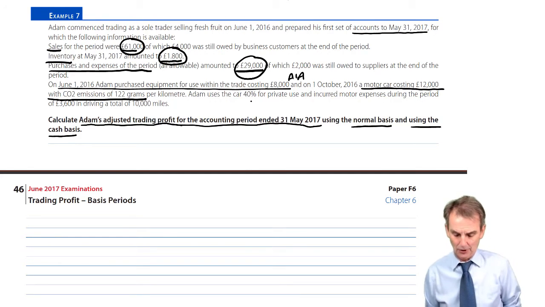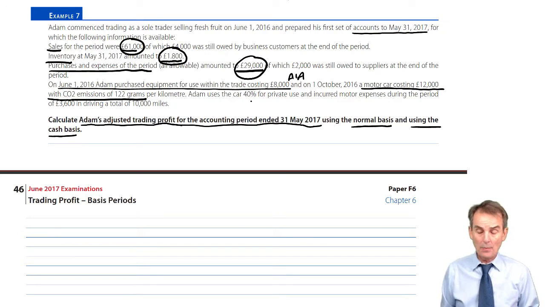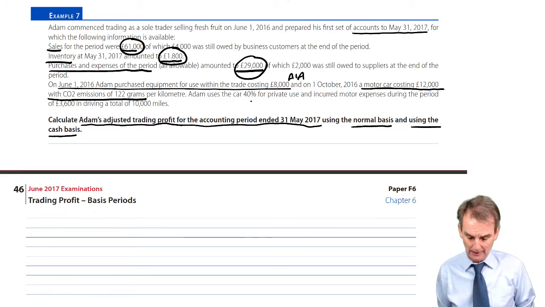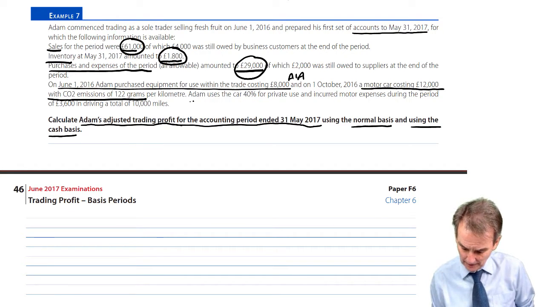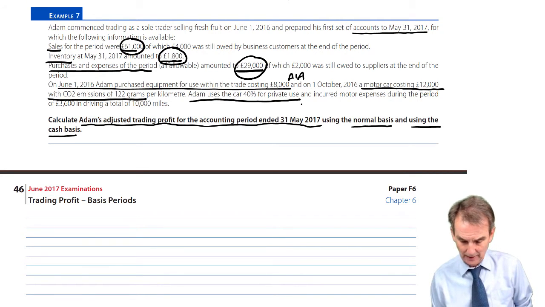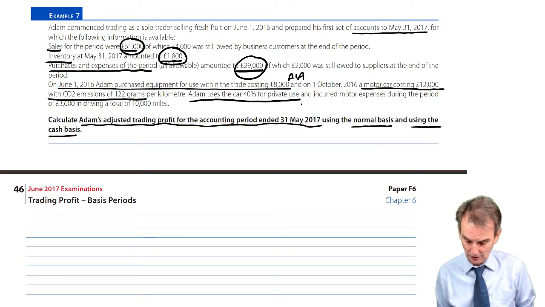Yes. Oh yes, Adam's got some private use, but with the CO2 emissions at 122, we'd be talking about an 18% per annum writing down allowance being available to us. The further problem, Adam uses the car 40% for private use, therefore 60% business use, and it's that figure that we would restrict in relation to the available capital allowances.